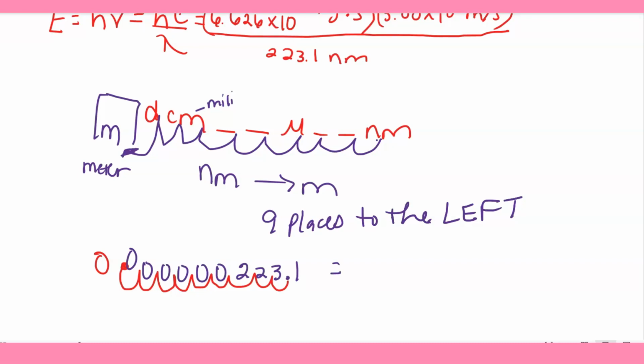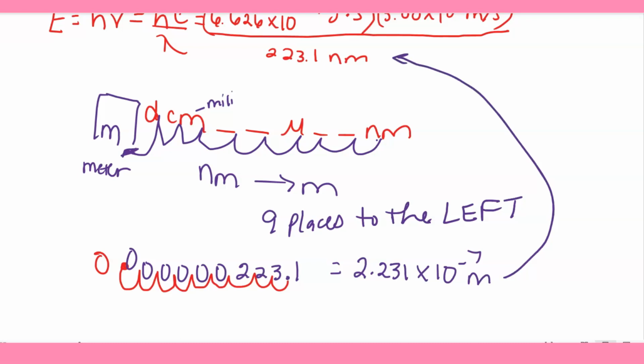So therefore, my exponent is going to be 2.231 times 10 to the negative 7th power meters. So I will use that number to replace the 223.1 nanometers on the very bottom.